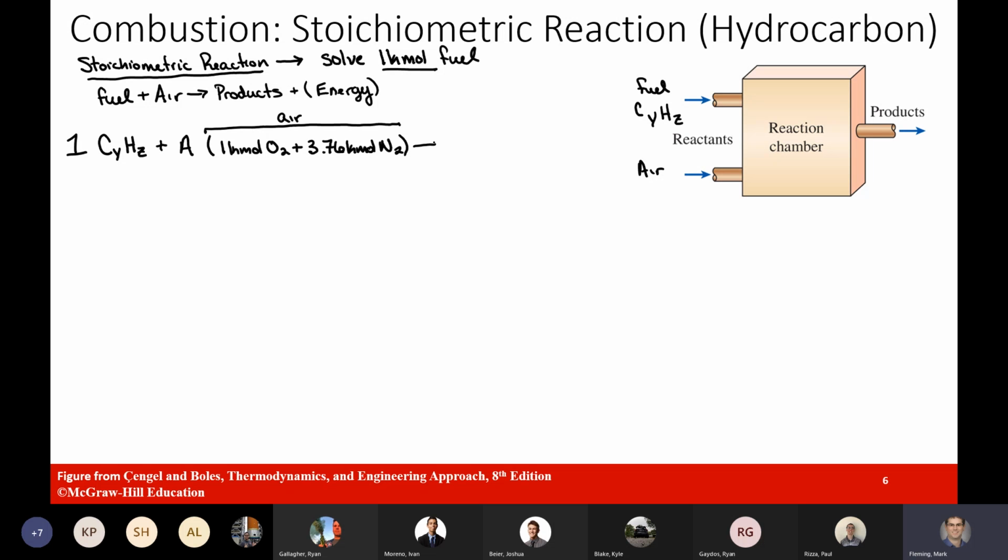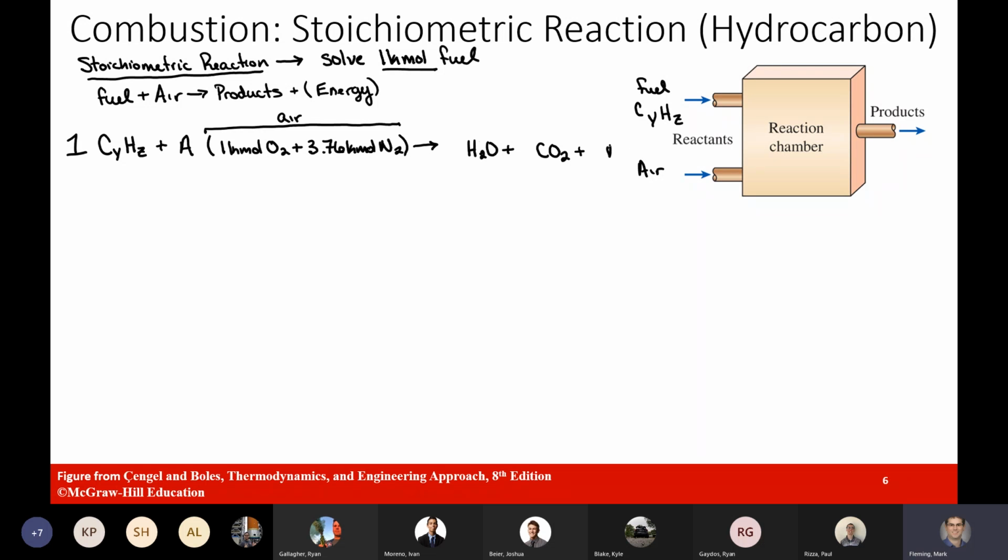Now we have to get the products. In terms of the products, first we're going to get some water vapor, so we have some H2O. The second one that we expect, if we have a perfect combustion process, would be carbon dioxide.